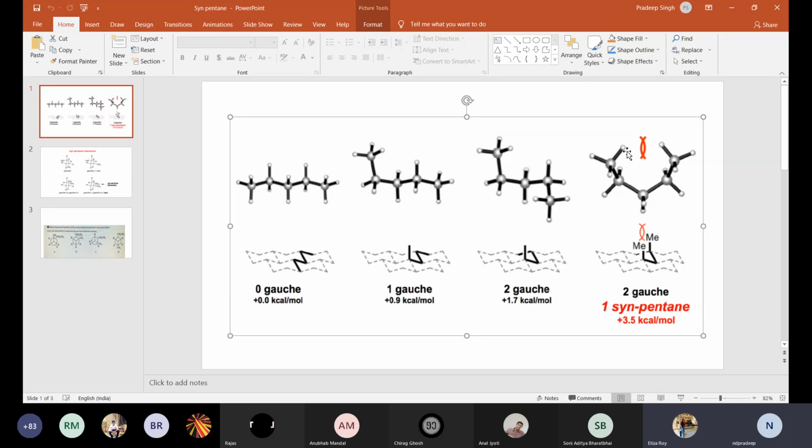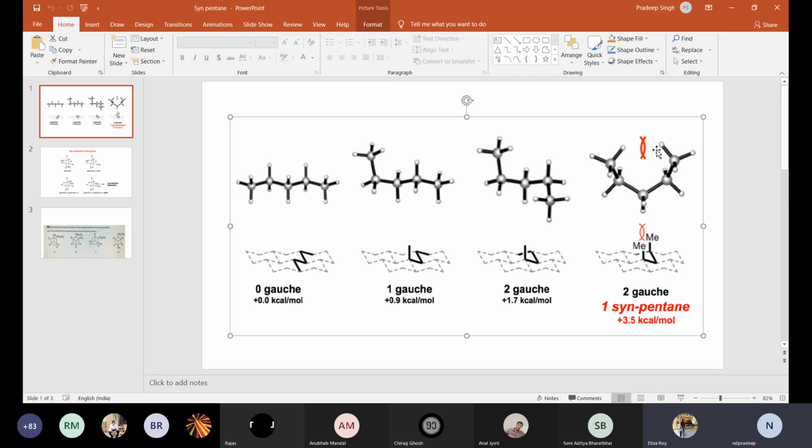Then finally I am concluding that the methyl of this one and the methyl of this one, these two methyls, are coming somehow close to each other to have a methyl-methyl interaction. That interaction we call a syn-pentane interaction. It is a little bit away from each other.